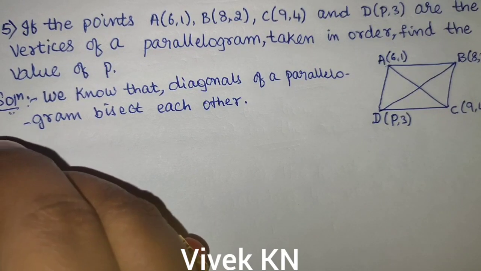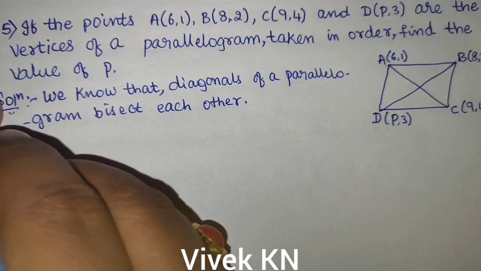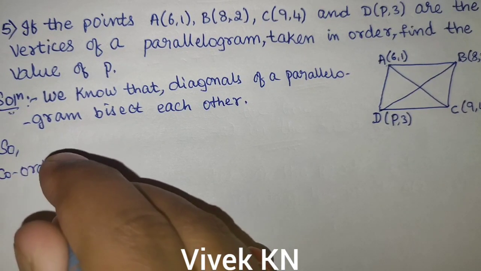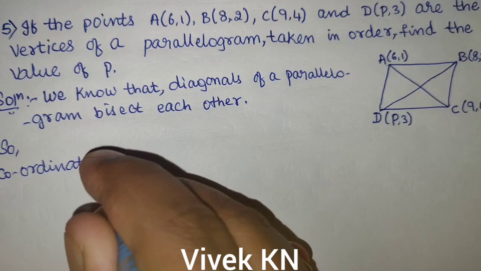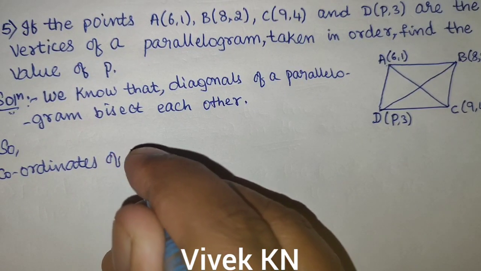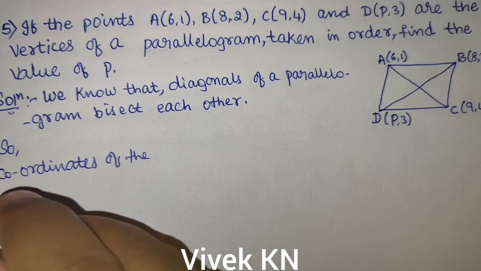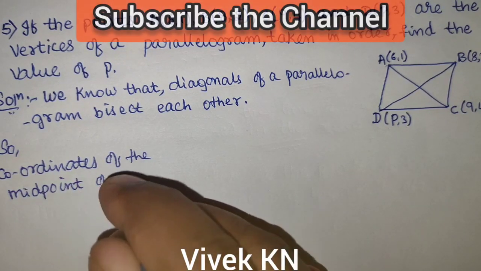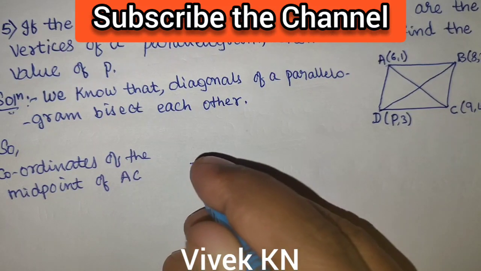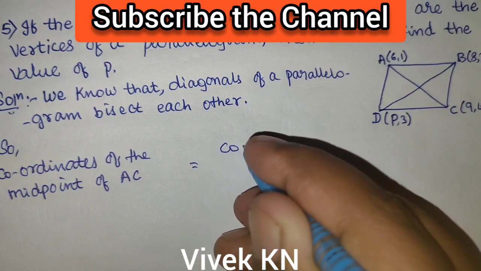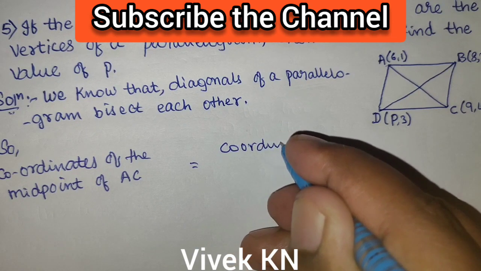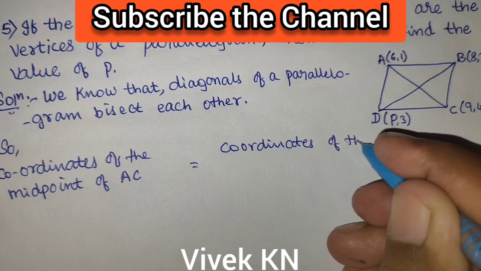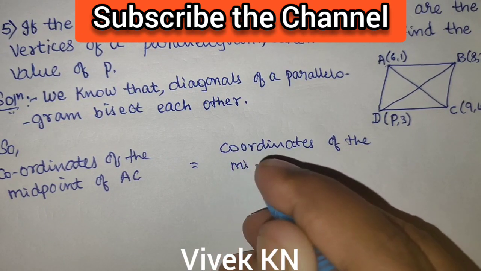So, coordinates of the midpoint of AC must be equal to coordinates of the midpoint of BD.